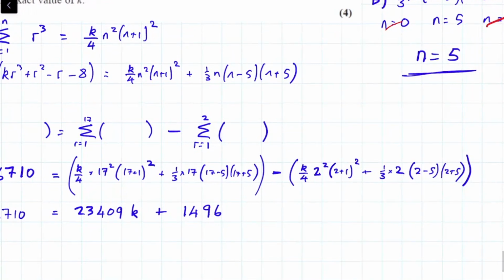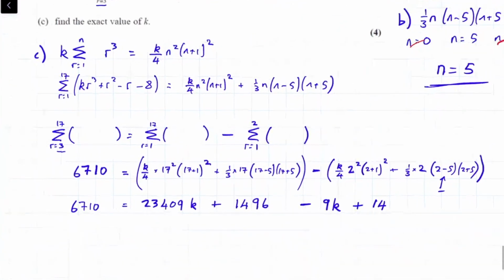We then have to subtract this term, so we've got minus, and that comes to 3 squared is 9k. And in this one, because that will be a negative term, we've got a negative at the front of the bracket times a negative. This becomes plus, and the total of that comes out to be 14.